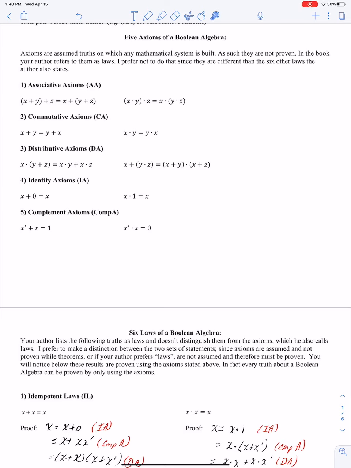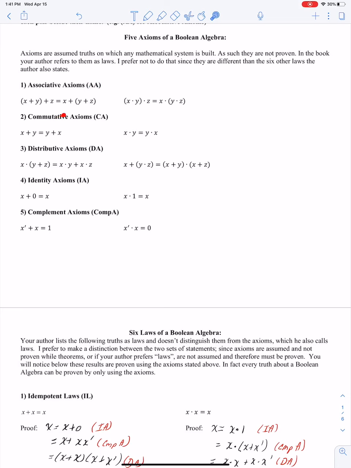Now, for each step in my proof, I'm going to use something I already know to be true, either one of these axioms or a law that I've already proven. All right, so for shorthand, I call the associative axioms, either one, that pair, AA.